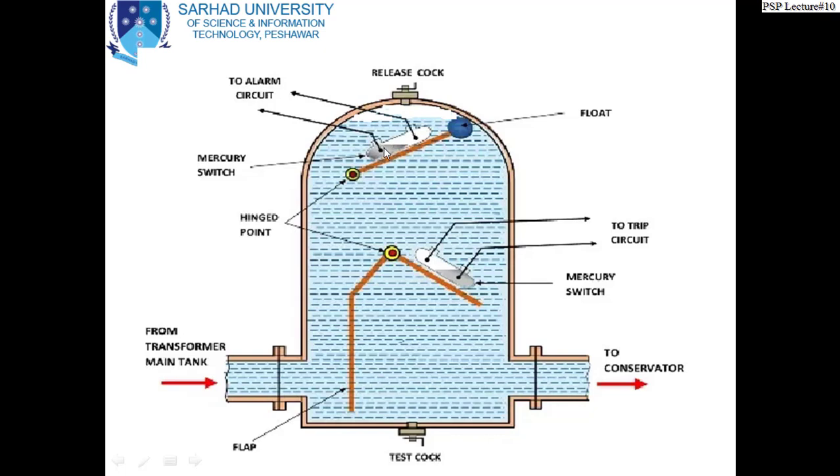When it is in this position, it is not short circuiting these two terminals, but when this float is tilted, the mercury, being a conductor, short circuits these two terminals, and these are the terminals of the alarm circuit. An alarm is sounded in the control room, and then the engineer on duty goes and manually disconnects the transformer from the supply and does certain repair work.